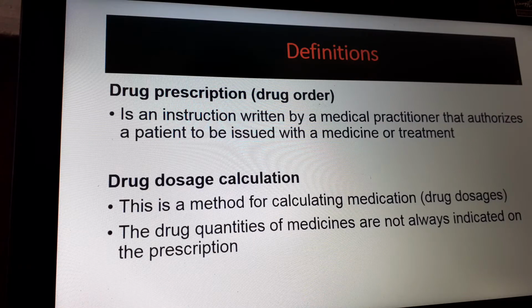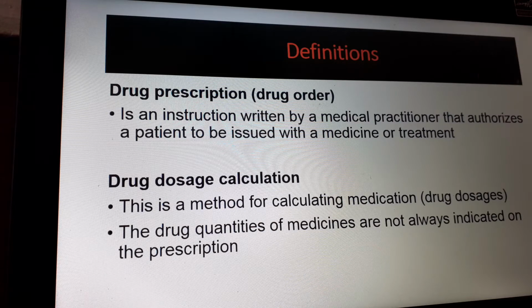For example, you might have a tablet of 500 milligrams, but you are told to give 1000 milligrams. So you must calculate what amount you should give to have that prescribed dose.